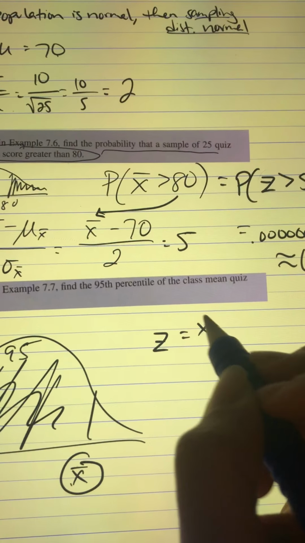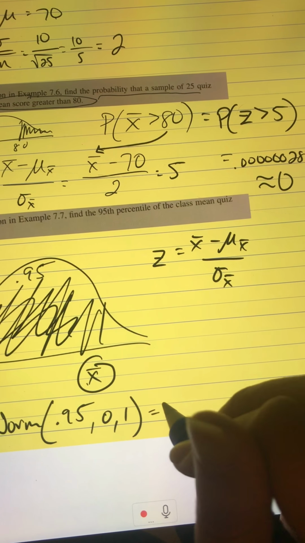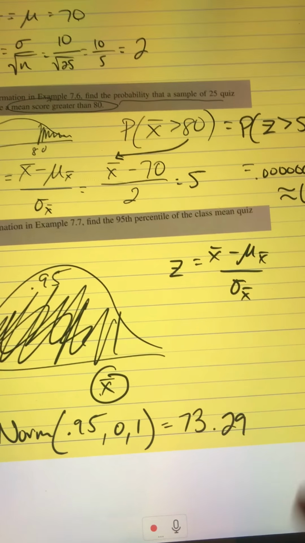This is using the standard. Standard means z-scores. So you can plug that in and get 73.29. Try that on your calculator, make sure that you get the same thing.